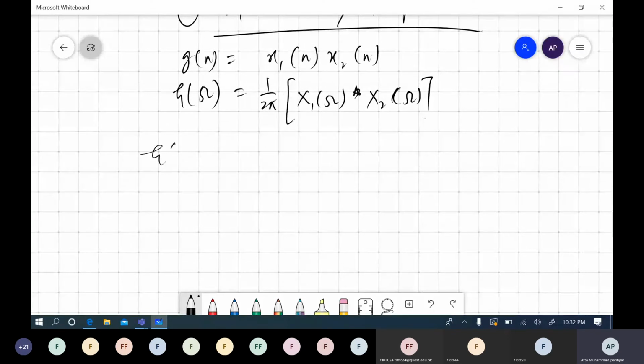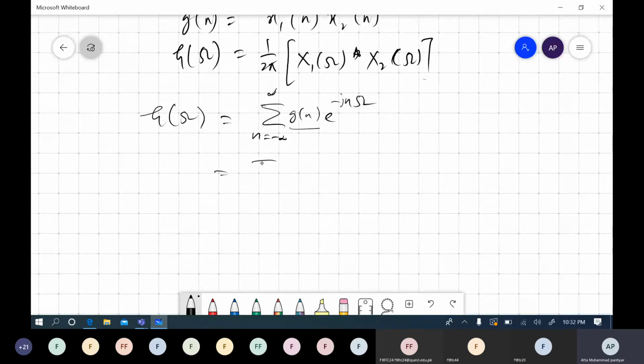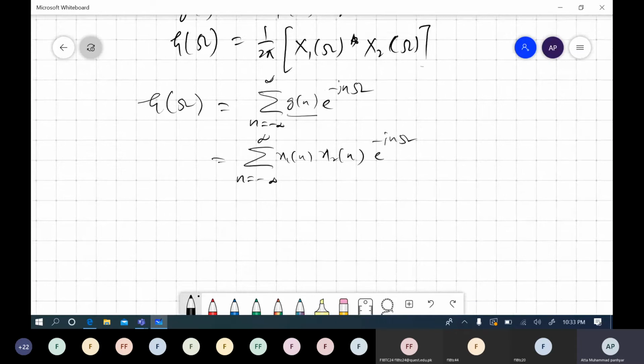For example, by definition, if we compute G of omega, that must be equal to the summation over n from minus infinity to infinity of g of n e to the power minus j n omega, right? This is the formula, and now we know that g of n is the multiplication of two signals, so the summation over n from minus infinity to infinity of x1 of n and x2 of n, times e to the power minus j n omega, right?